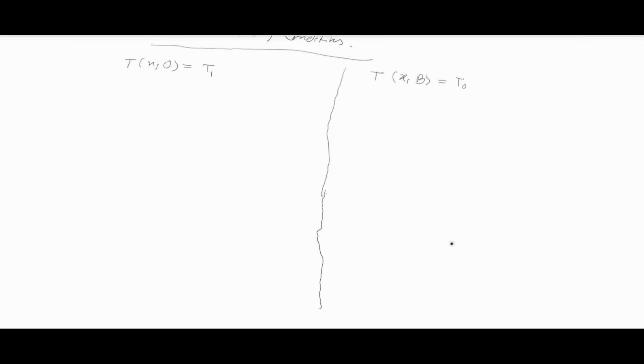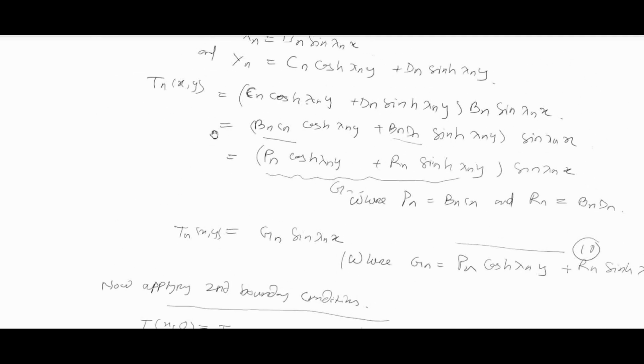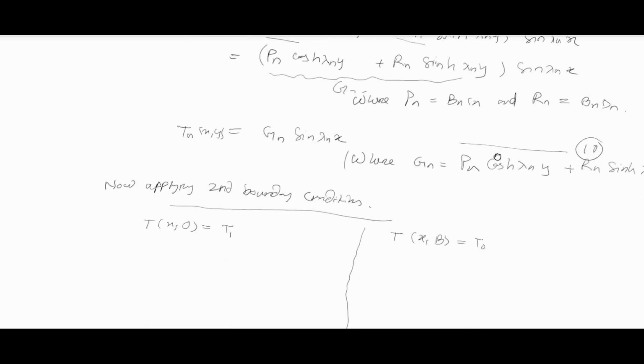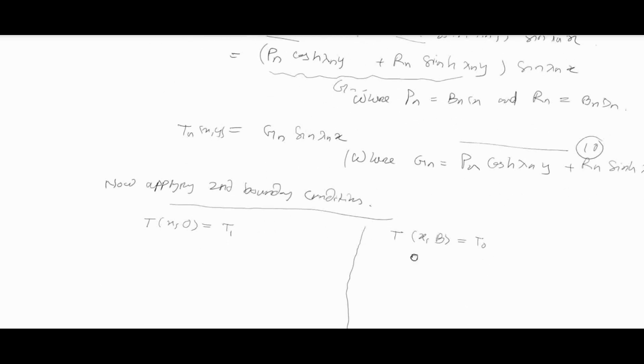So T(x,0) is equal to T1. What is T(x,y)? We have already obtained it: Pn cosh(lambda n y) plus Rn sinh(lambda n y) into sin(lambda n x). Let us write that.